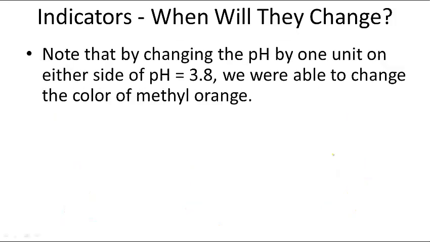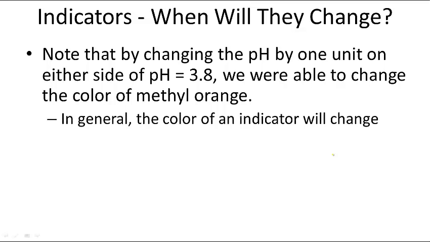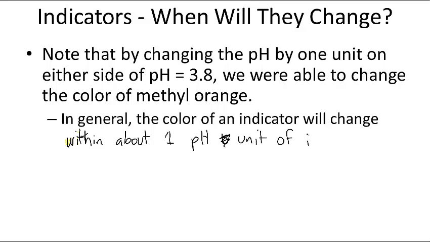In general, the color of an indicator will change within about 1 pH unit of its pKa.